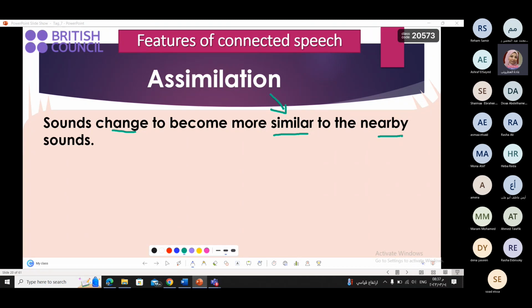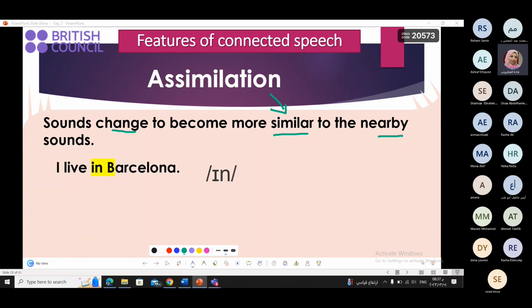So we don't have boundaries, lines or barriers between the words. These words are connected together. So some sounds at the end of a word, or in the same word, change to become similar to a nearby sound.